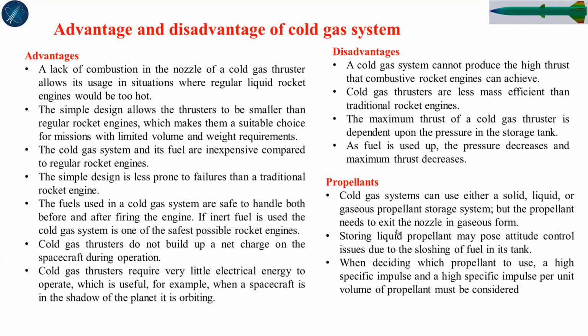The intention is that whenever the propellant comes out through the nozzle, it is in gaseous form. Storing liquid propellant may pose some attitude control issues due to sloshing of the fuel in its tank. So this is another issue related with this type of propellant.